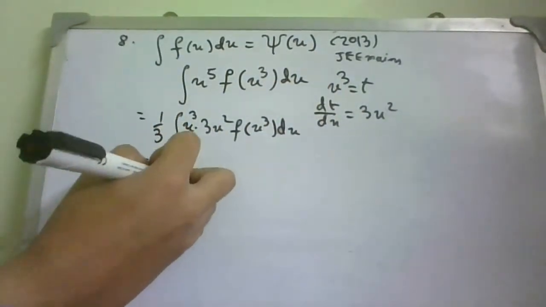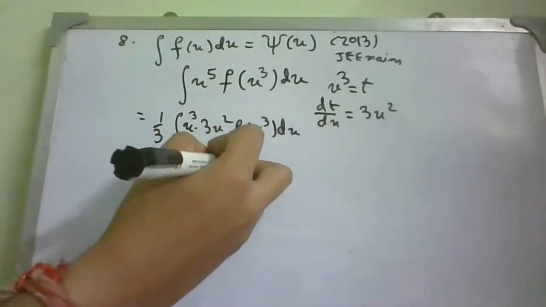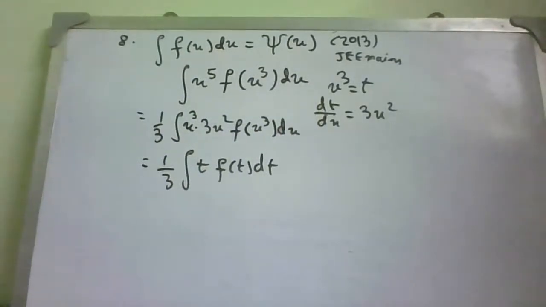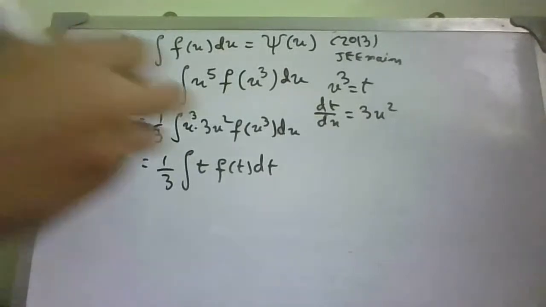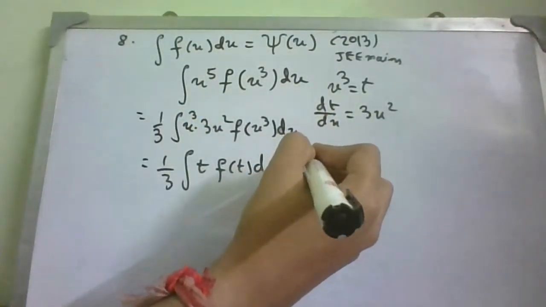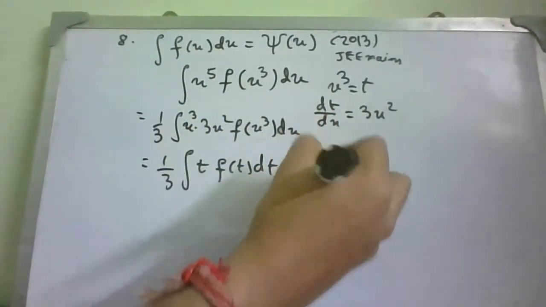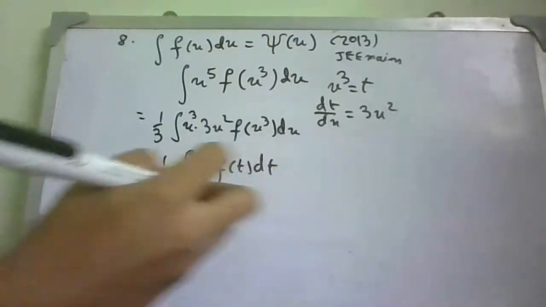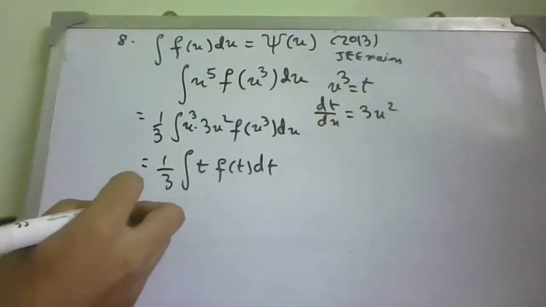Now interestingly, this is t f of t dt. Things are getting really interesting here. So what can we do? Yes, we need to apply by parts.